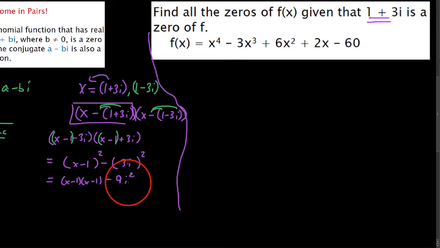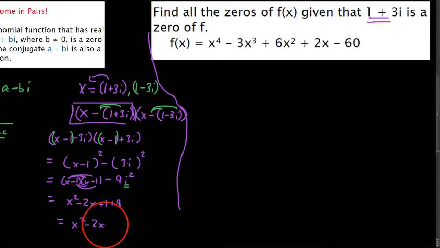And remember that i squared is just negative 1. Simplifying further, foiling these two binomials, we get x squared minus 2x plus 1, and this becomes a positive 9. So our final expression here is x squared minus 2x plus 10.